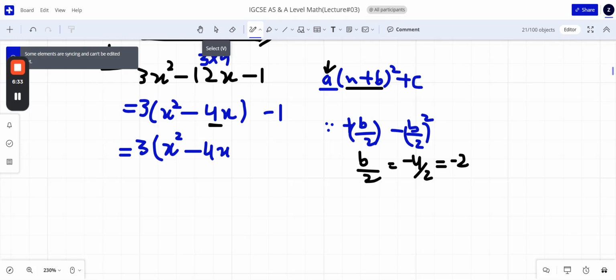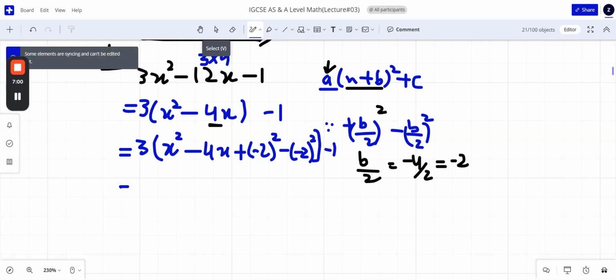So we add b by 2 whole square, which is minus 2 square, and subtract minus 2 square, then minus 1.